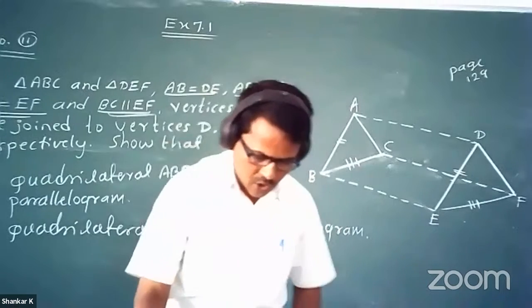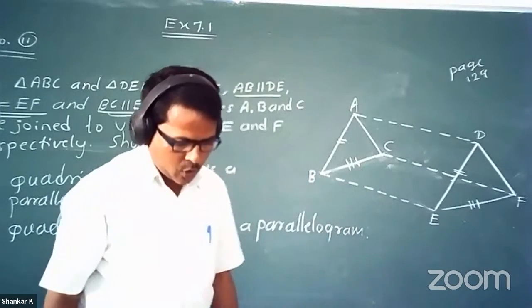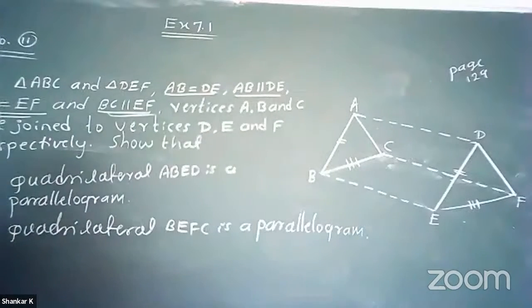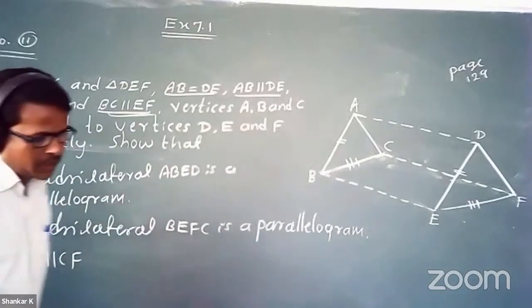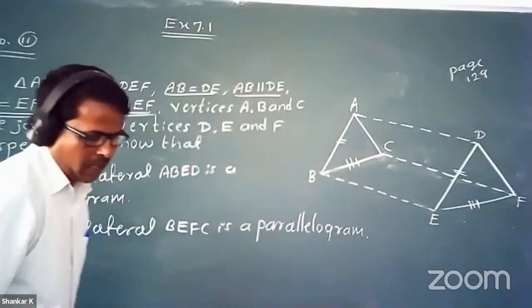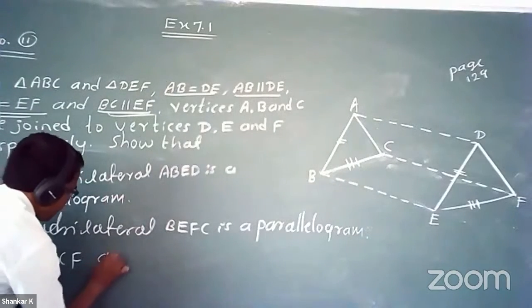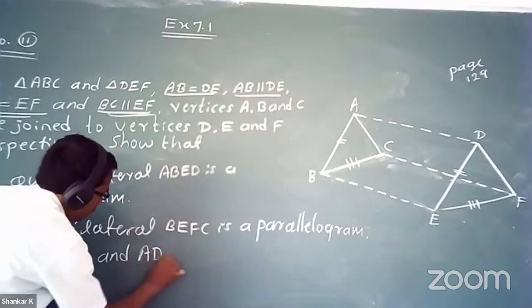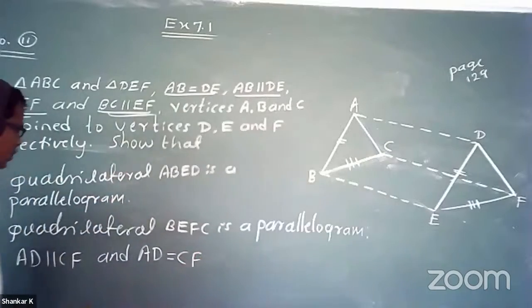Then, what is told? Third point: AD is parallel to CF and AD equal to CF.